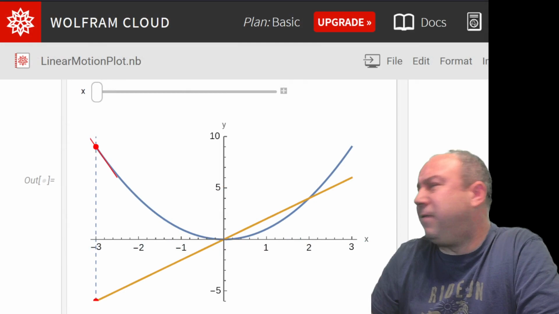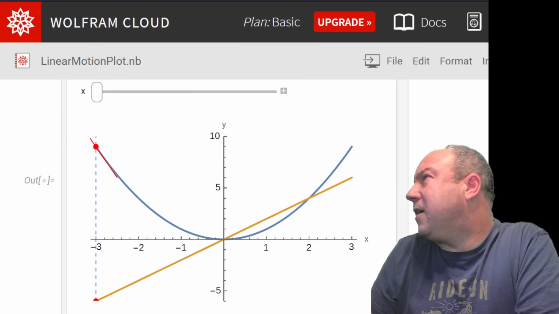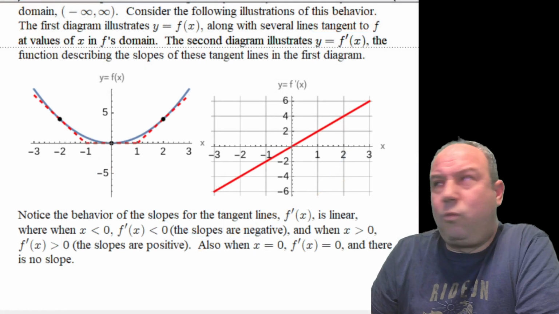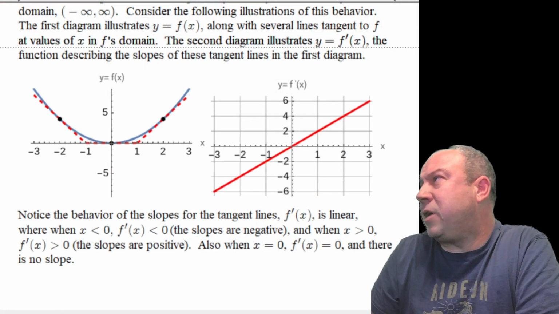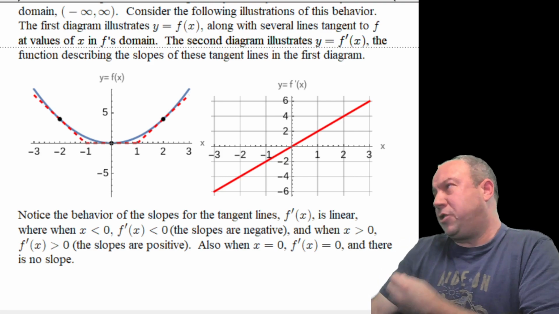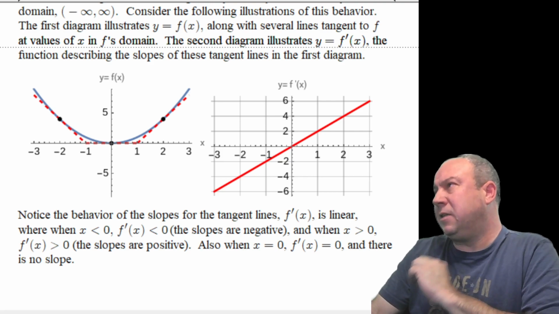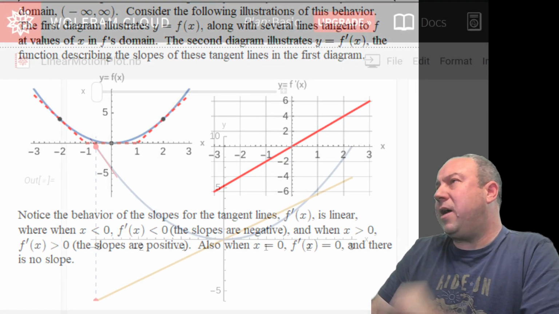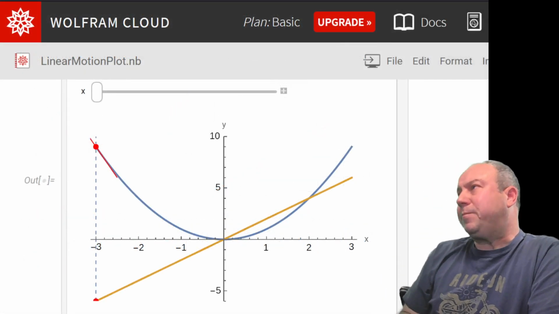I got it figured out. If I flip back, what I want to illustrate is what's going on in these two static illustrations. I want to show you what is actually trying to be illustrated here, and the way I do that is with this manipulative I've put together on Wolfram Cloud.